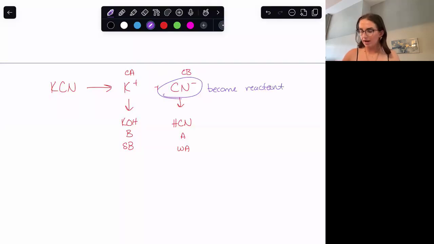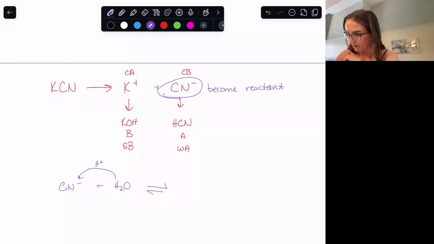Okay, so as we're writing our equation, we're saying, okay, CN minus plus H2O, right? We'll always have whatever that original ion was in water. Is there an H plus on the CN minus that we can give to H2O? No, right? This is now looking like H is going to be transferred from H2O to CN minus to form the HCN that we said it comes from back here, right?